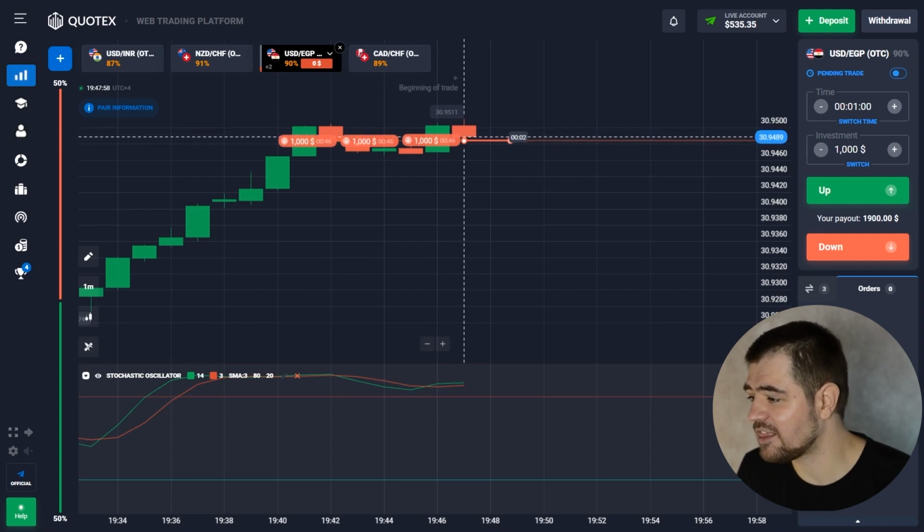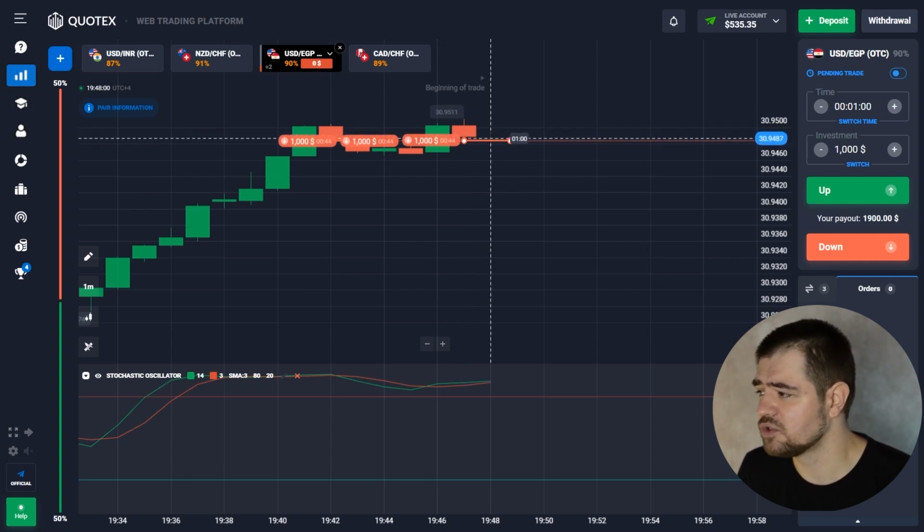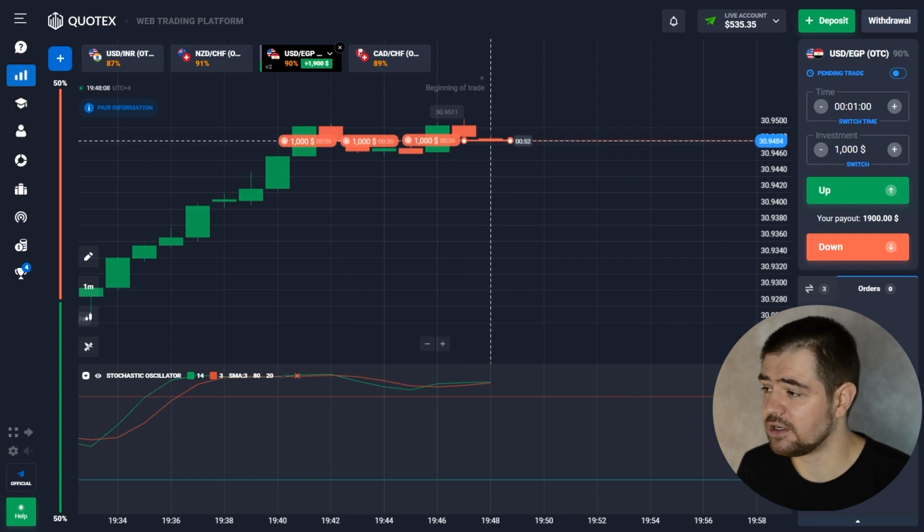It's at the resistance levels basically, and the stochastic is in the area of being overheated, which is above 80, as you can see, and the stochastic is going up and down, and the price basically entered into a flat.